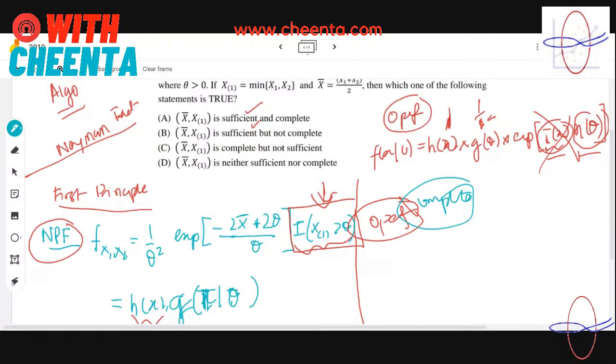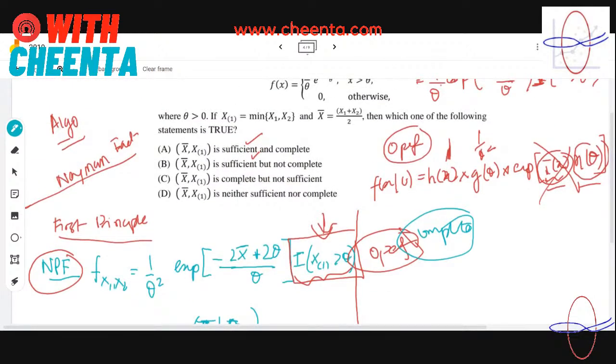Here x1 is complete. Okay. Why is x1 complete? If t is complete, is g of t of x complete?